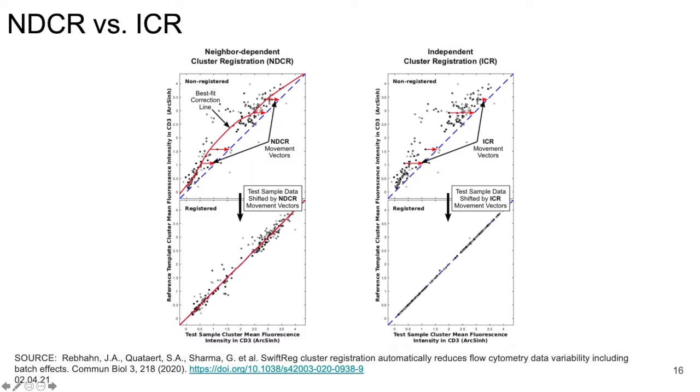And for independent cluster registration, each individual point is allowed to move as much as it needs to match between the test sample and the target sample.